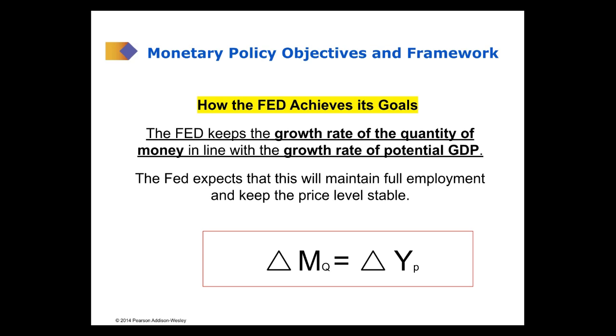If we grow the money supply by a greater amount than we grow potential GDP, then we're going to have inflation. And if we grow the money supply by a lesser amount than we grow potential GDP, then we'll have deflation. So the Fed tries to keep the growth of the quantity of money in line with the growth in potential GDP.